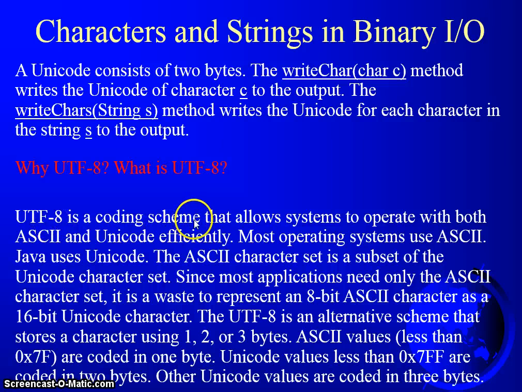UTF-8 is a coding scheme that allows systems to operate with both ASCII and Unicode efficiently, right? ASCII is the American Standard Code for Information Interchange. Before we were dealing with international languages, we used ASCII, right? Most operating systems use ASCII. Java uses Unicode. So that's why we have the standard UTF-8 to support both. The ASCII character set is pretty much a subset of Unicode.